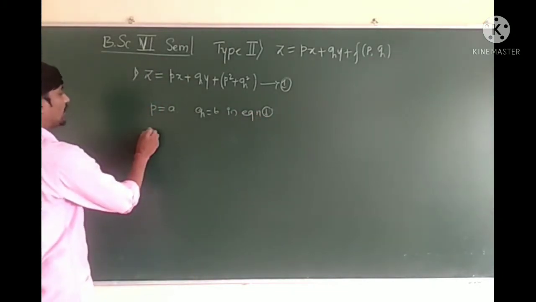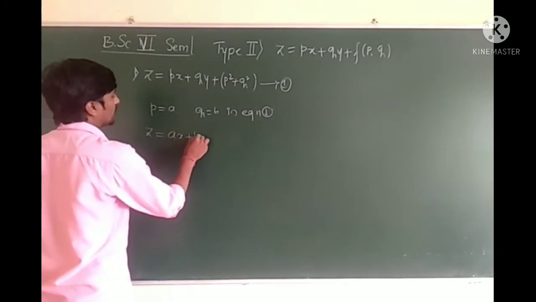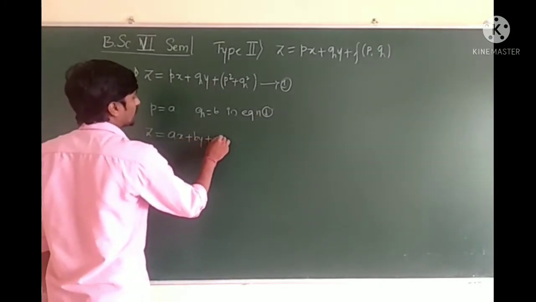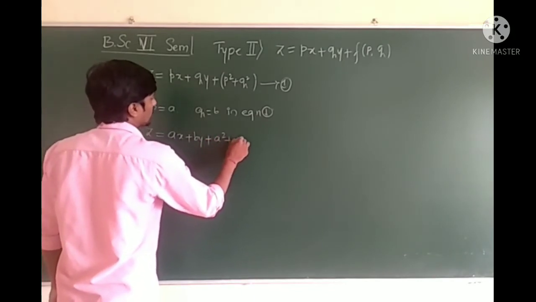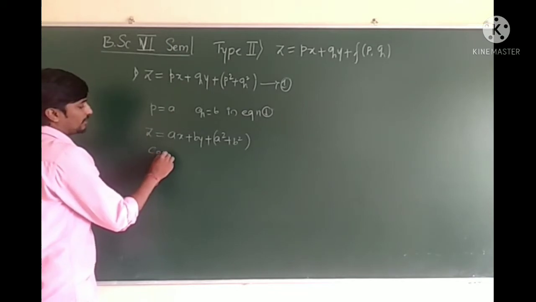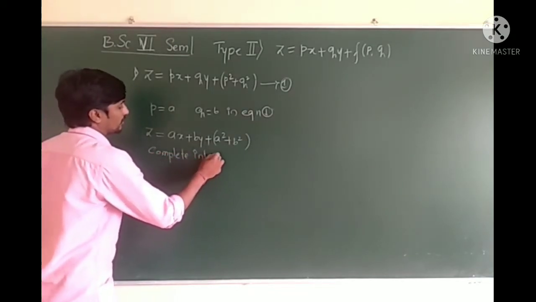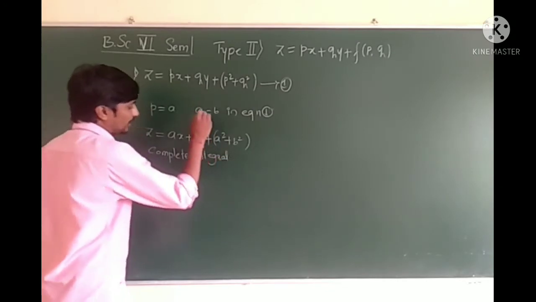So we substitute the values, and this becomes z equal to ax plus by plus a square plus b square. Is that clear? This is your complete integral.